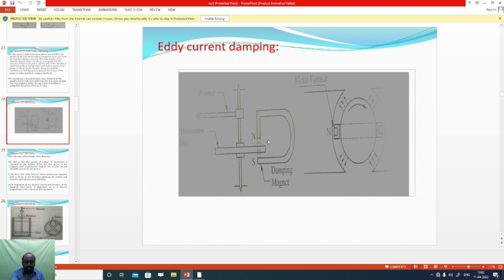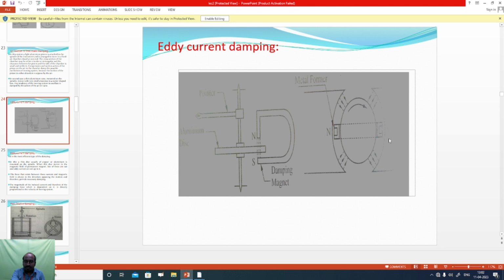When the aluminum disc moves here, the lines of force are cut. On the right side, we can see the circular aluminum metal former, and the north pole and south pole of the magnet are indicated.